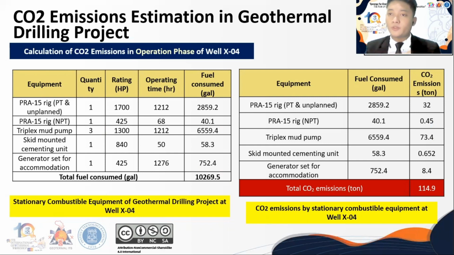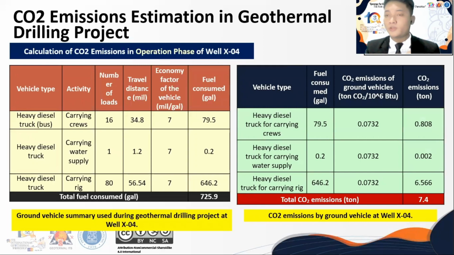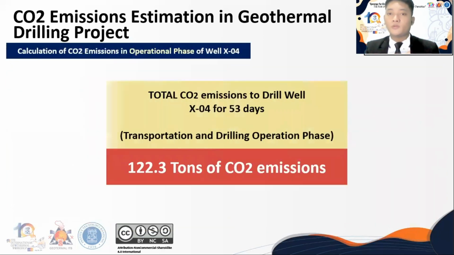Based on the assessment over 53 days, it generates 114.9 tons of CO2 emission, plus the ground vehicles during the operation with a total of 7.4 tons. So, the total CO2 emission to drill well X4 for 53 days is 122.3 tons of CO2 emission.